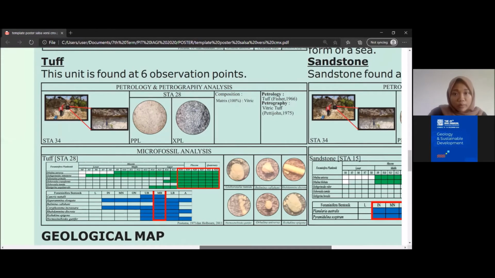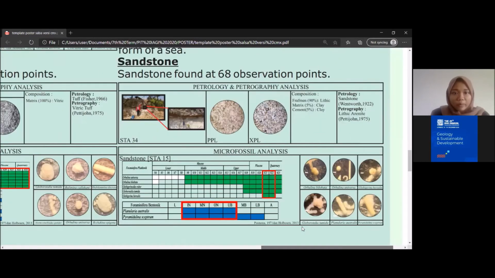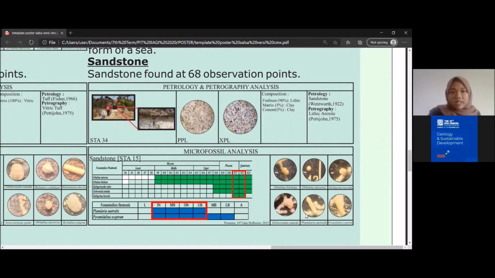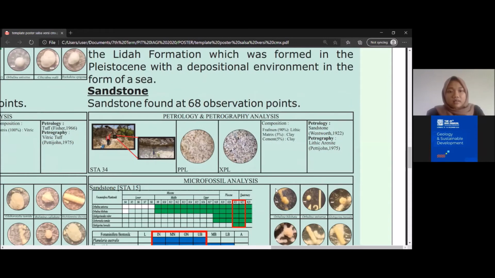Now let's move on to the last lithology unit that we found in the study area, which is sandstone. Sandstone is a lithology that has a brownish appearance with medium to fine grain and carbonate characteristic.